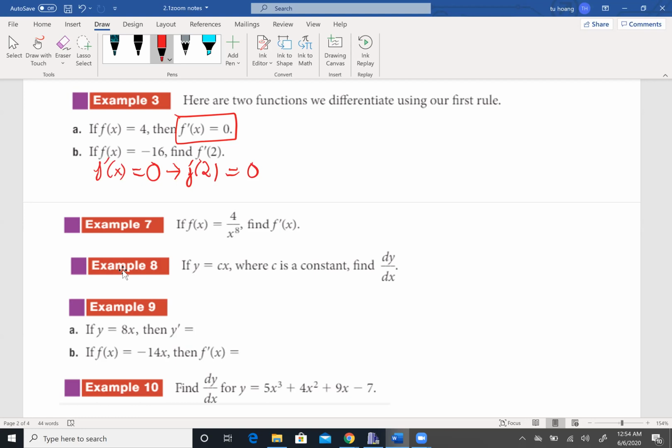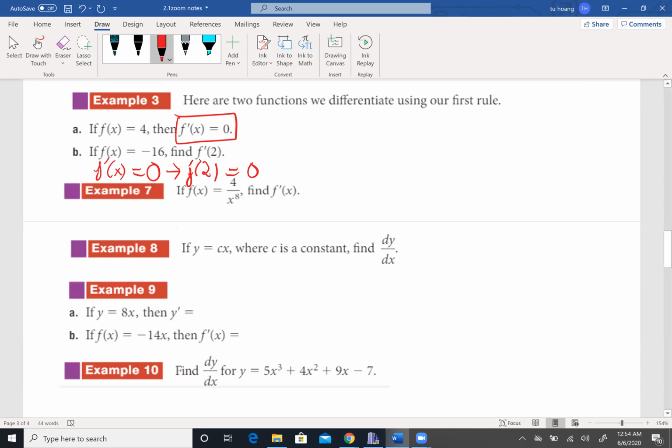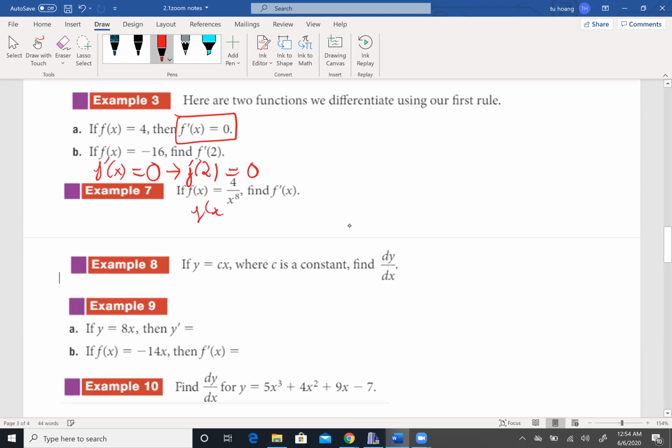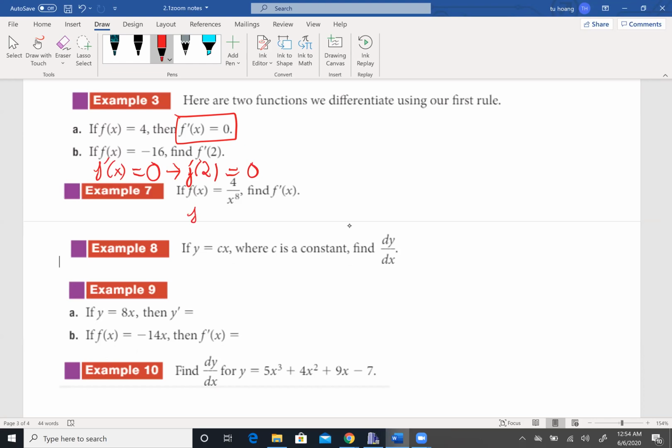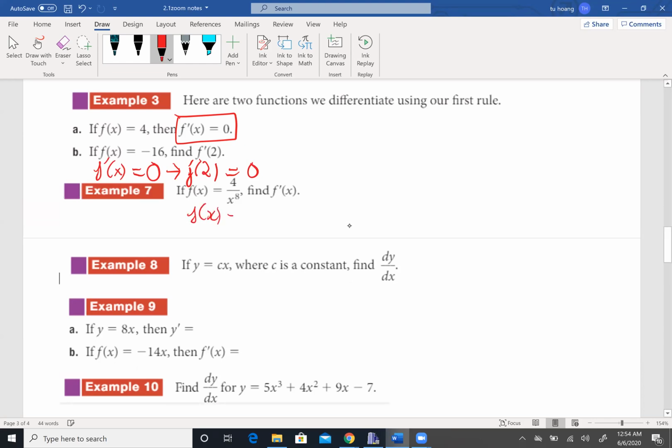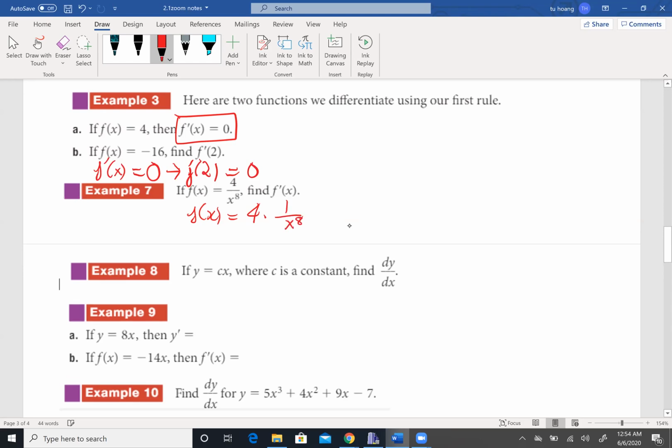So I will change f(x). I would like to rewrite f(x) as 4 times 1 over x to the power 8, right?